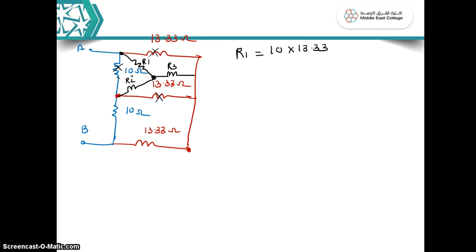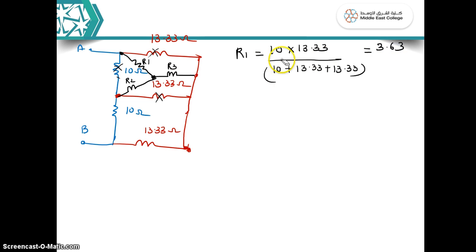So now the total resistance is 10 plus 13.33 plus 13.33. So divided by 10 plus 13.33 plus 13.33. So our answer is 3.63.